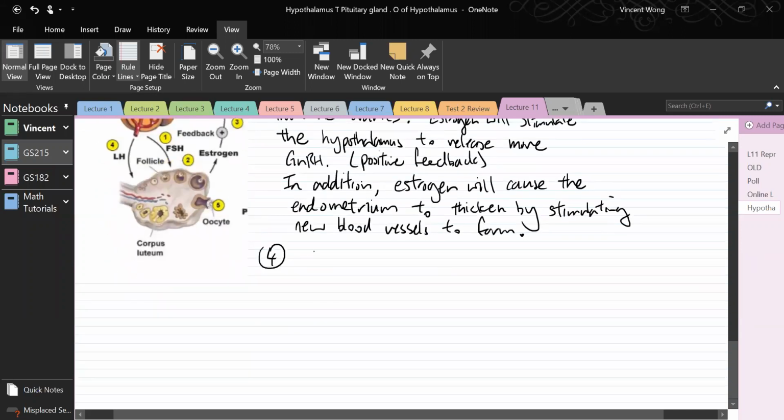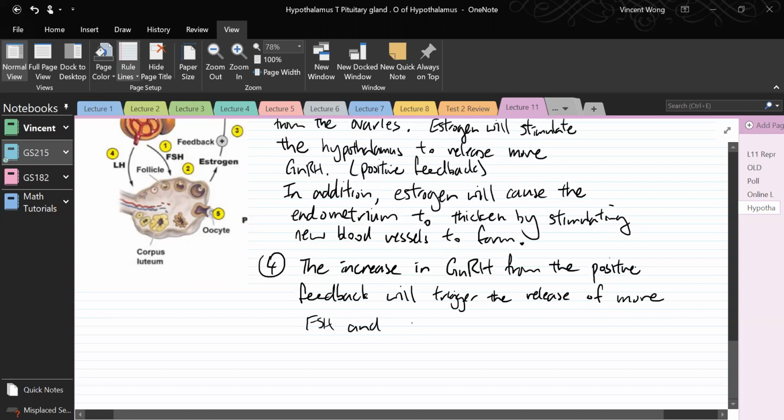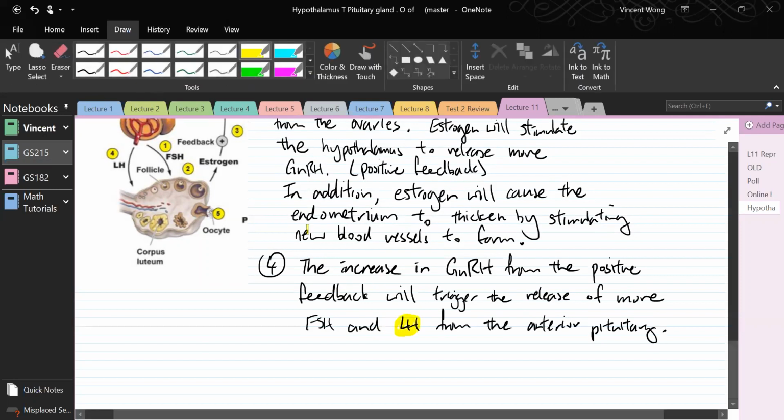Number 4: the increase in GnRH, created by the positive feedback, will trigger the release of more FSH and LH from the anterior pituitary. And this time around, it is the LH that's going to be playing a key role.